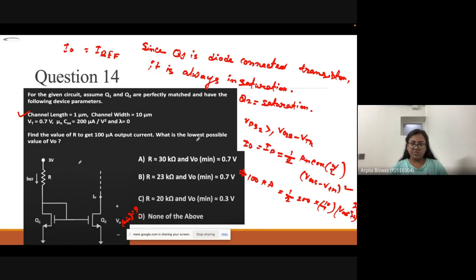So just find out the value of VGS from this. The VGS equal to 0.3, near about 0.3 volt. Okay.